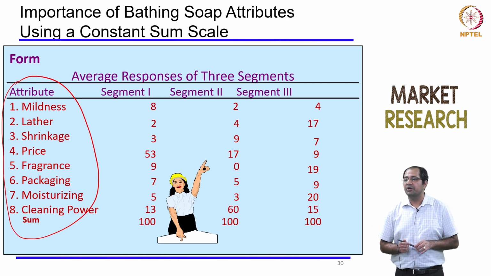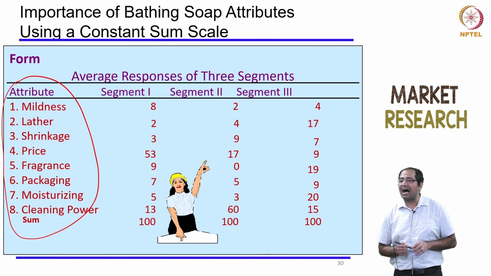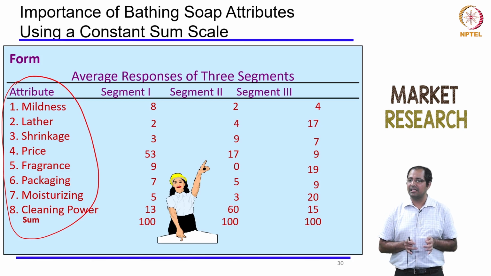Now, you ask the respondent that out of these attributes, suppose you have to allocate 100 points in such a way that you allocate more points to the attribute that you want most and least number of points to the attribute you want least, and in such a way that it all adds up to 100. This is constant sum scaling.